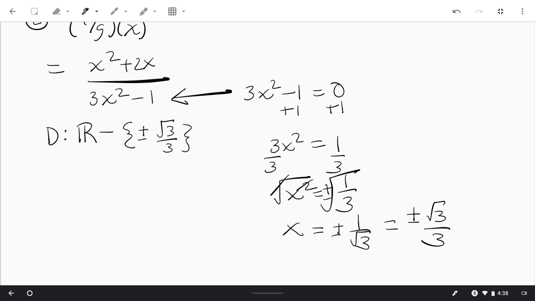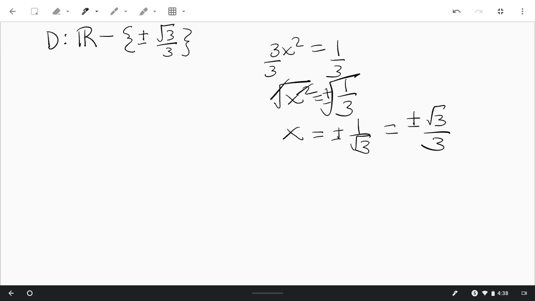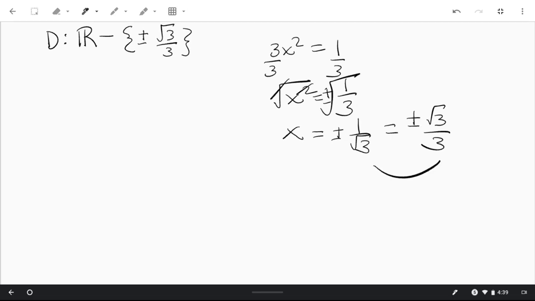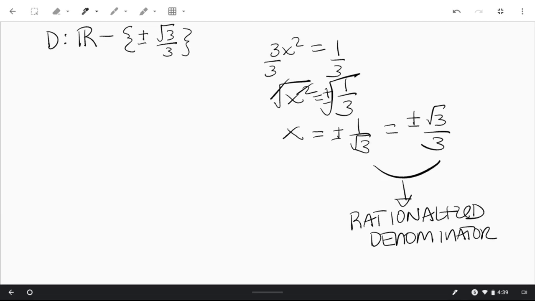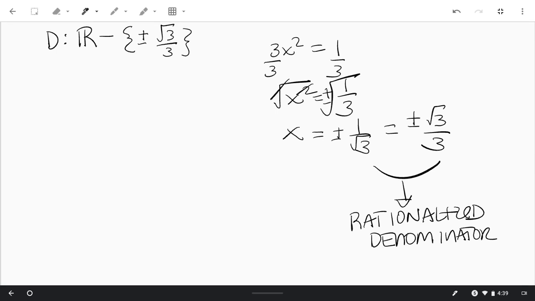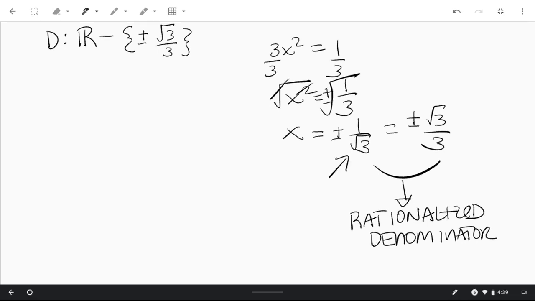All right, so let's take a look here. If you're wondering about this right here, what I did was I rationalized the denominator. So what that means is, right now in this first answer, we have square root 3 in the denominator, and square root 3 is an irrational number.